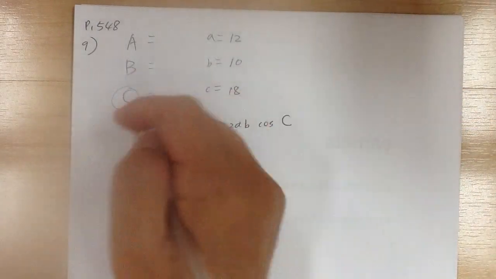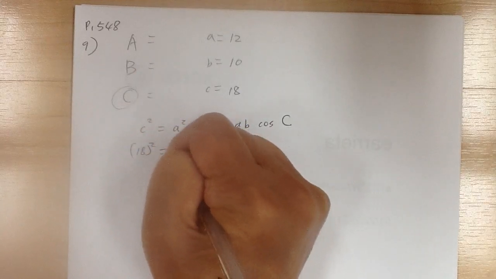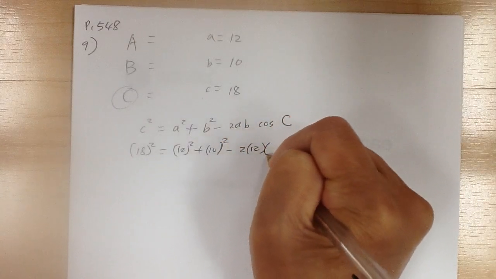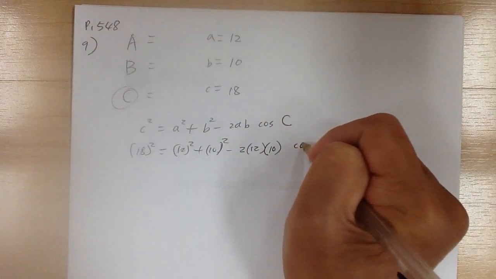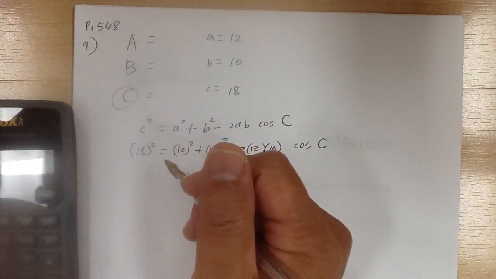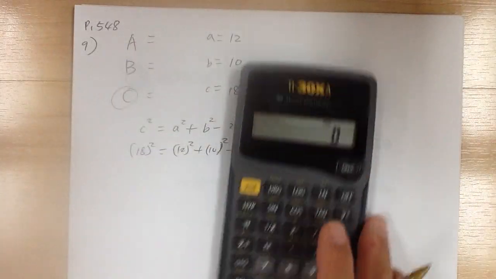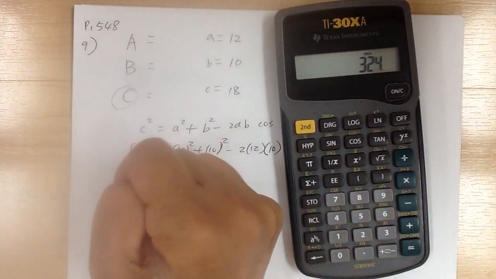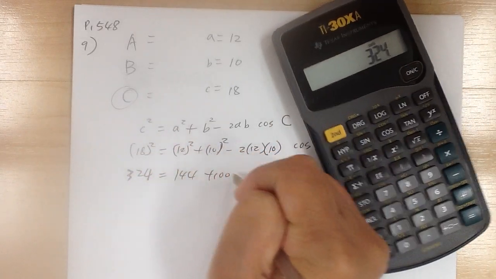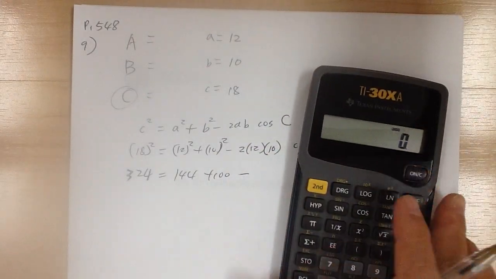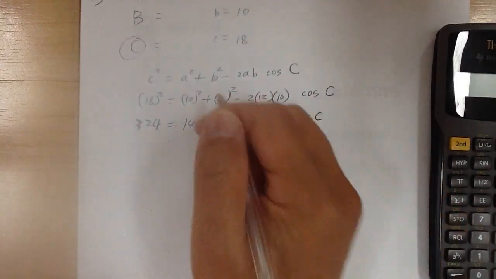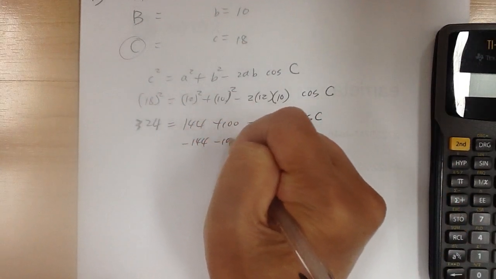So substitute everything in there. 18 squared equals 12 squared plus 10 squared minus 2AB cosine of C. Then work it out. 18 squared is 324, equals 144 plus 100 minus 240 cosine of C. You have to minus the 144 and minus the 100 to get rid of these two.